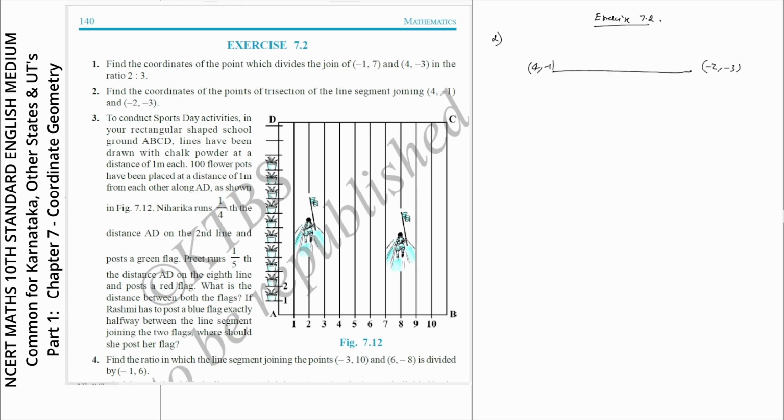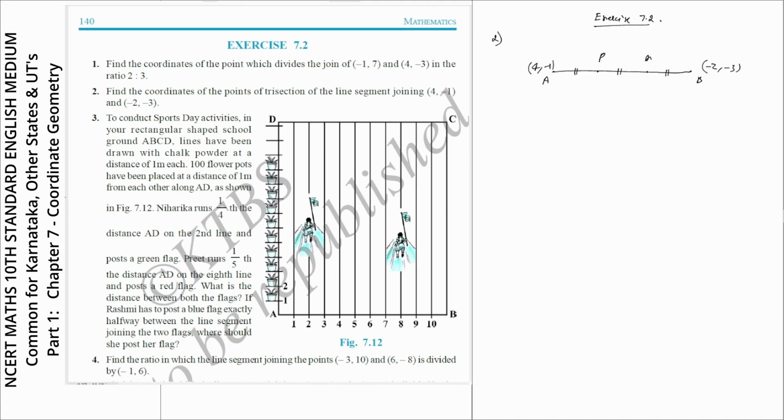So let them be A and B. Okay, and on AB there are 2 points P and Q. The points P and Q say that length of AP is equal to length of PQ is equal to length of QB. Okay, that's the meaning of trisection. That means 2 points divide the given line into 3 equal parts.